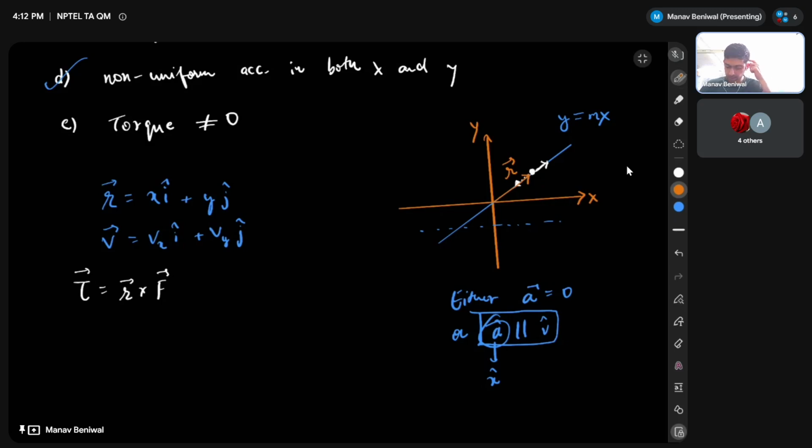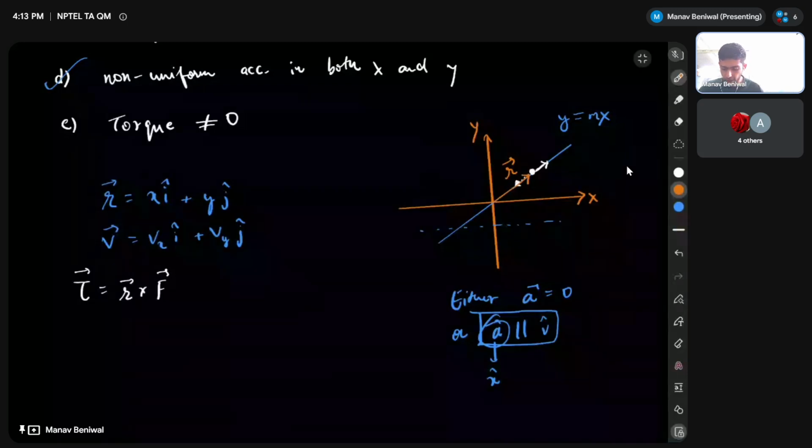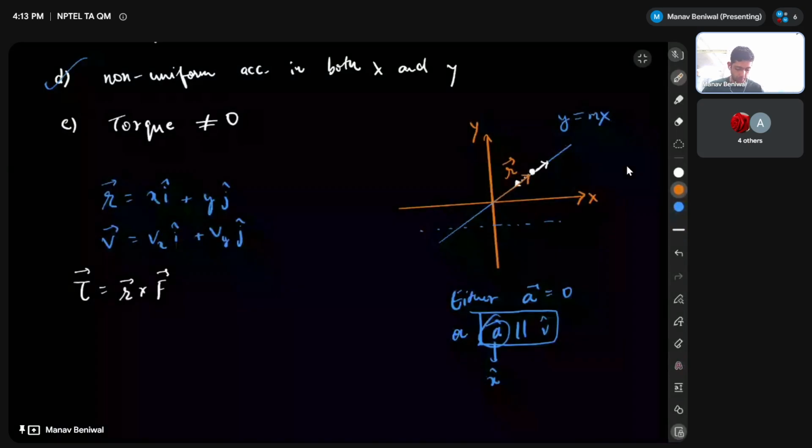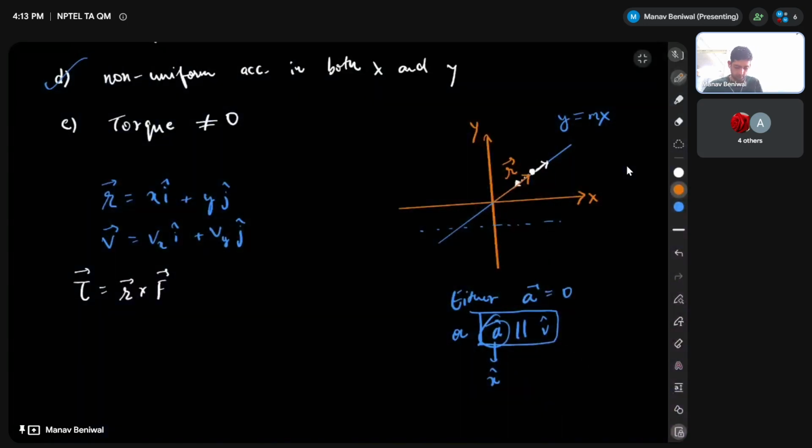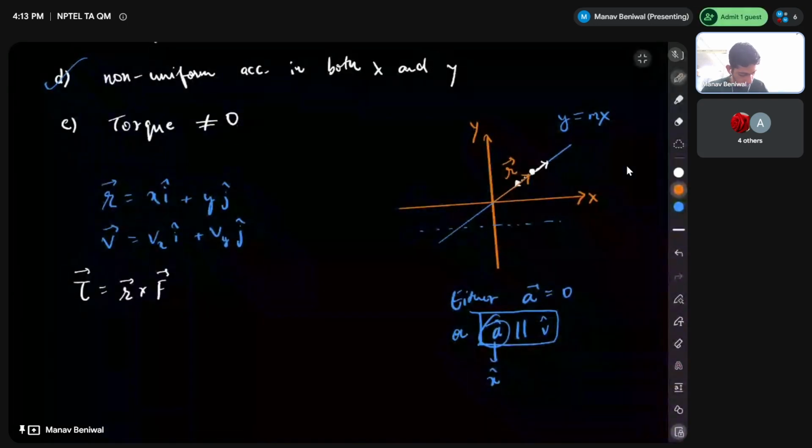And this particle is moving on a straight line. If my force is also acting along that line, what will happen? My r cross F will be zero, right? Let me explain again.